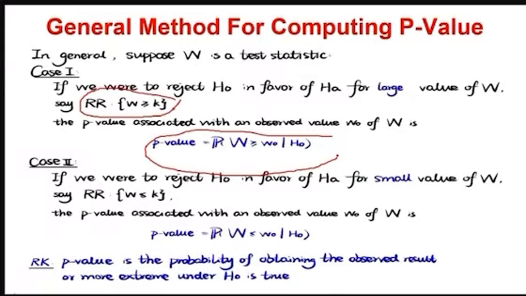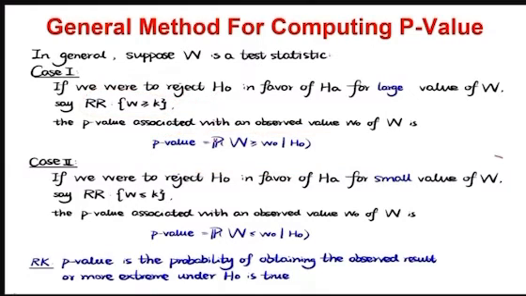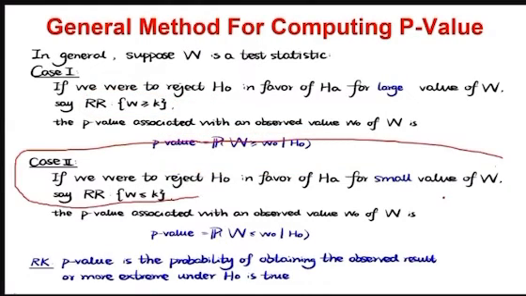Why am I saying greater or equal to? Because the rejection region here is greater or equal to. Now, that is case one. For case two, at times we may be looking for a situation where W is going to be very small.